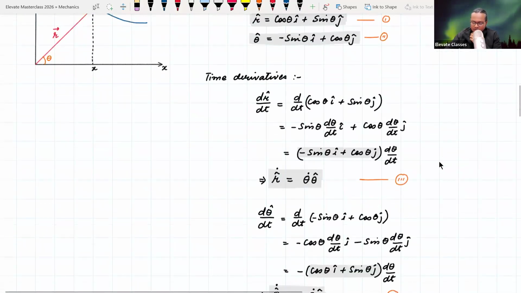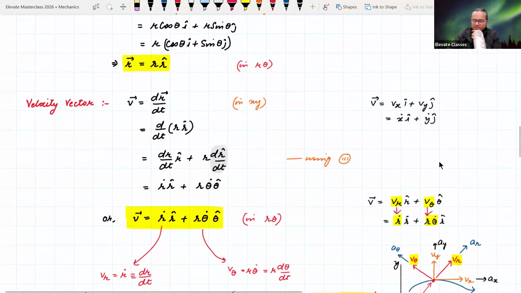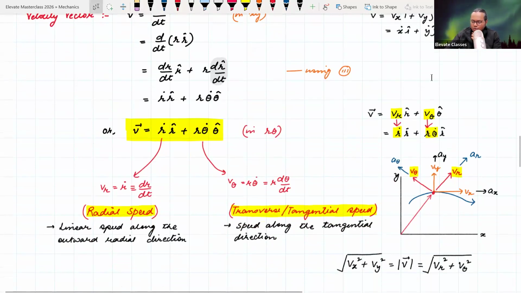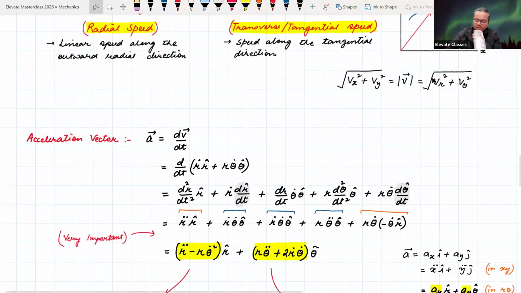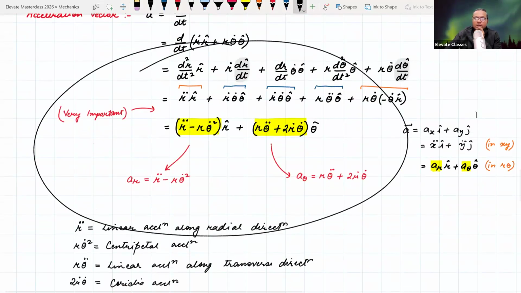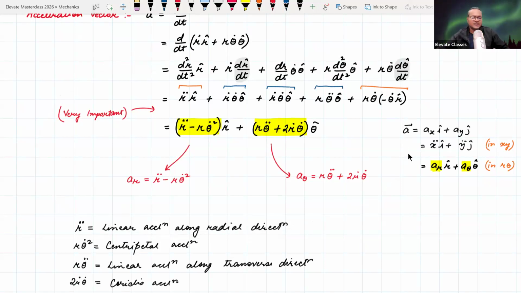You need to keep in mind the position vector in polar coordinates, the velocity vector in polar coordinates, and at least you need to know the radial speed formula, transverse speed formula, and the formula for acceleration vector, and more specifically the radial acceleration and transverse acceleration. If you do not know, then you are going to find certain kinds of questions that involve circular motion to be very, very difficult. All right.